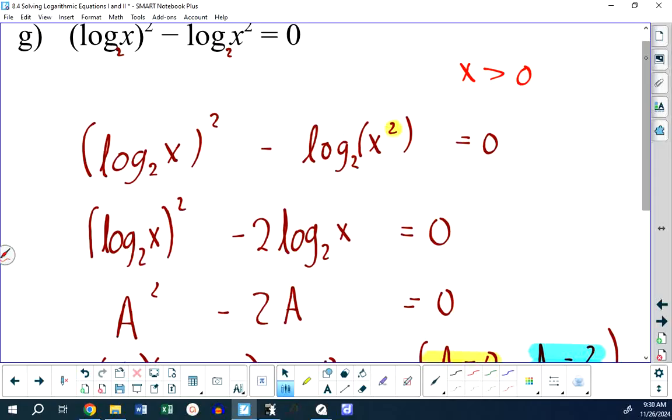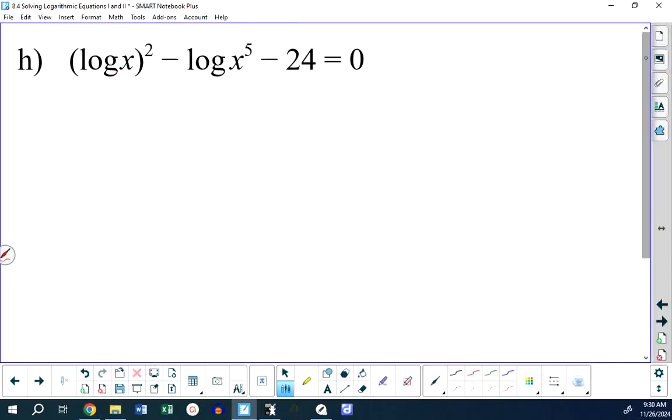The domain for this is x can't be 0. It can be negative because when you square it, it becomes positive. But the domain for the other one is x is greater than 0. It can't even be negative. So this one should be a breeze.